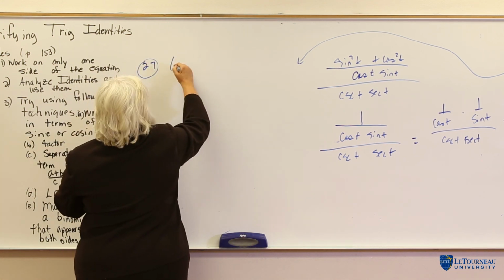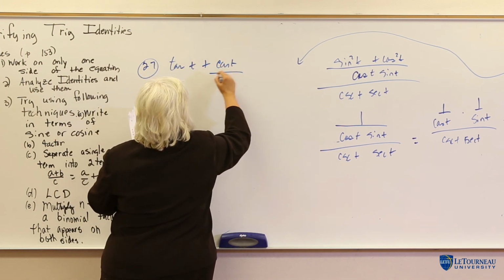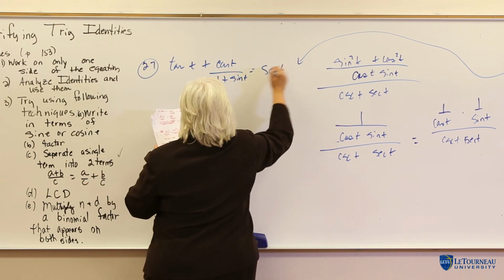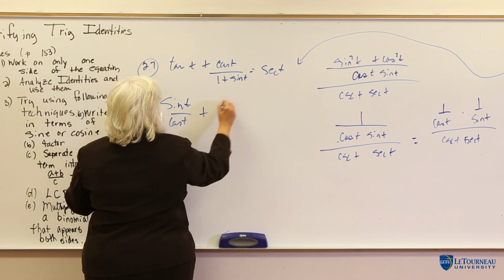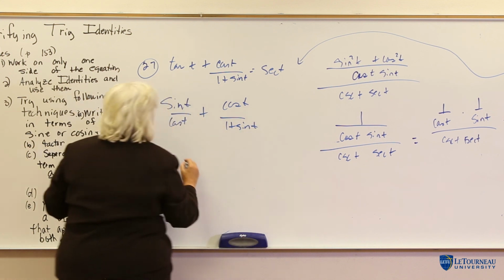(27) tan t plus cosine t over 1 plus sine t, and it equals secant t. So I'm going to have sine t over cosine t plus cosine t over 1 plus sine t. I'm going to get a common denominator.